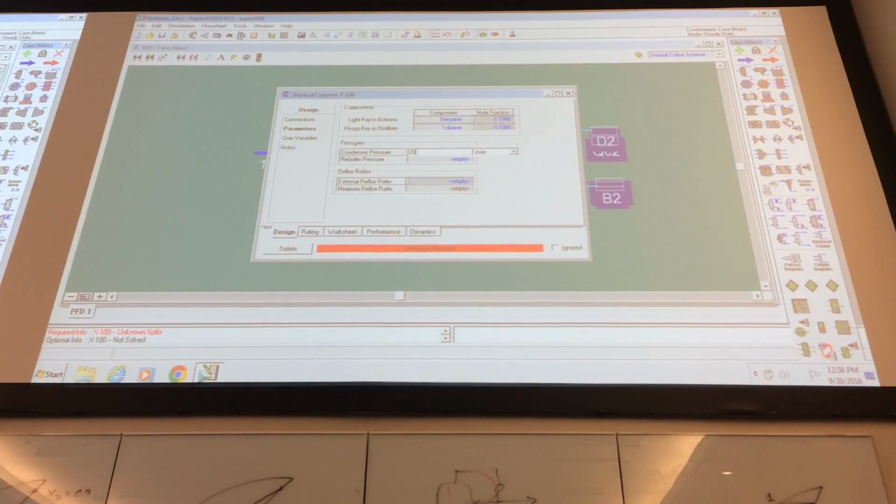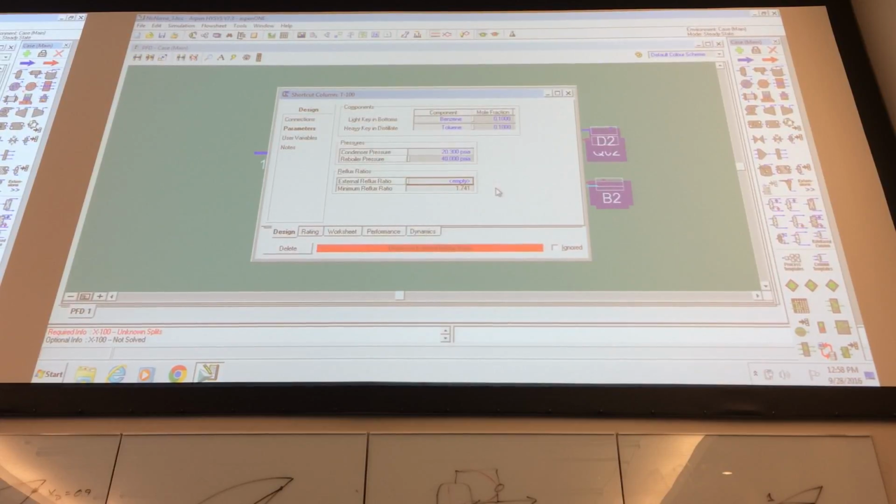Okay, condenser pressure, we had something around 20 psi. We chose 40 psi, guessing around 10 stages, 2 psi for your pressure drops. So now we have pretty much everything specified, so now we have a minimum reflux ratio calculated. So of course, external reflux ratio, we're just going to use the classical 1.3.